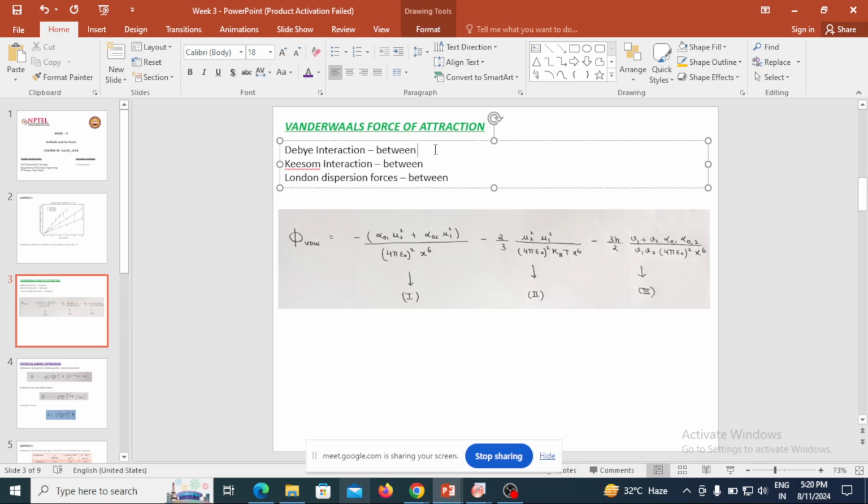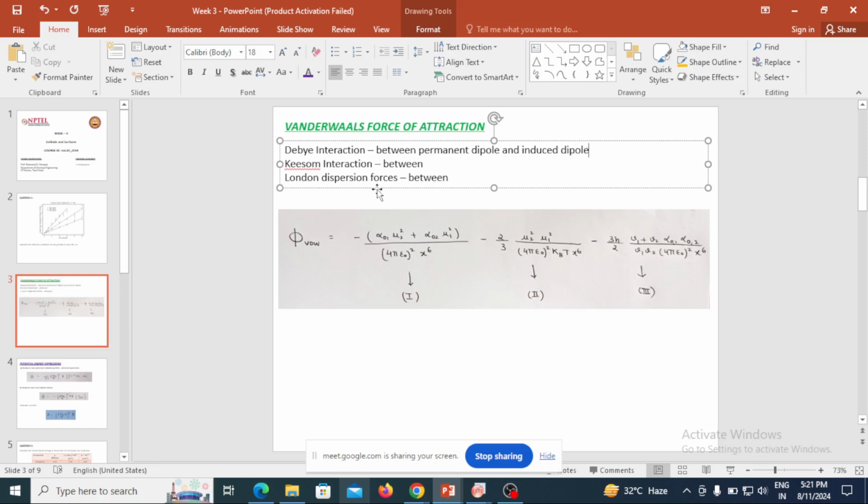So it is simple, right? If you see the very first lecture of week 3, you can see this particular information there. You could actually get this idea from there also. So Debye interactions actually exist between a permanent dipole and an induced dipole.